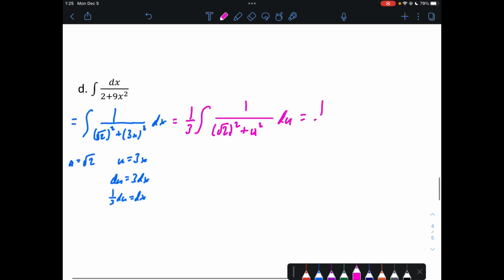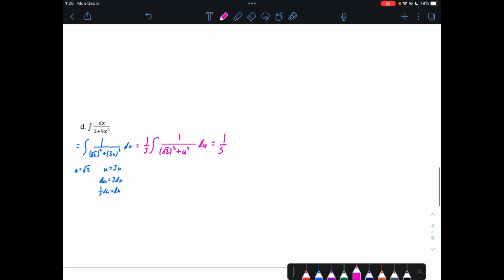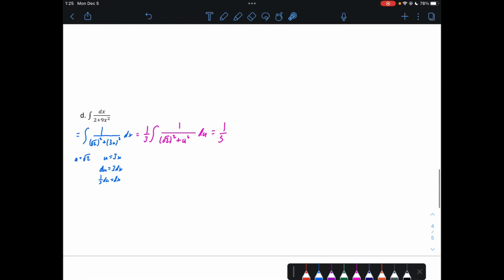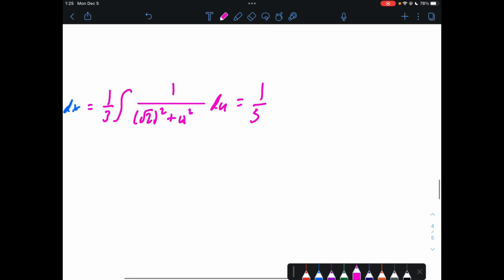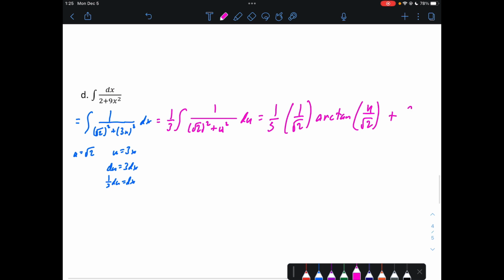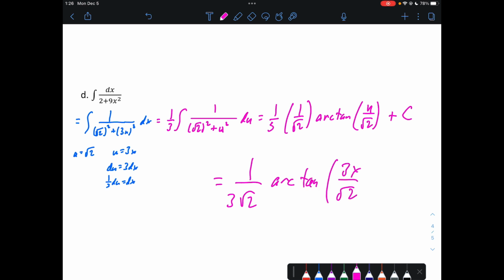So this is going to be 1/3, and then the antiderivative tangent, tangent inverse, right here, 1 over a arctan u over a. So 1 over a arctan u over a plus c. And then make sure you resubstitute. So 1 over 3 root 2 arctan 3x over root 2 plus c.